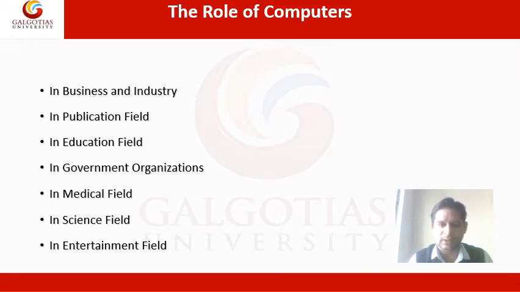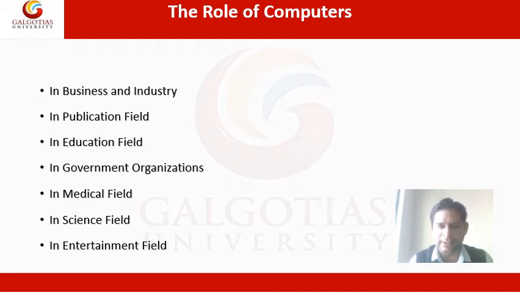In the science field, the scientists are using the computer systems to perform various types of operations, and they use very fast supercomputers to generate a lot of data and a lot of results.